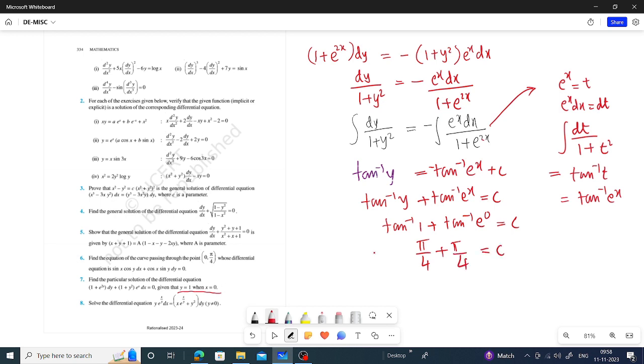So c equals pi by 4 plus pi by 4, 45 plus 45, 90. That means c is equal to pi by 2 radians. So we substitute it in this solution, and we get tan inverse y plus tan inverse e raised to x equal to pi by 2, which is the solution.